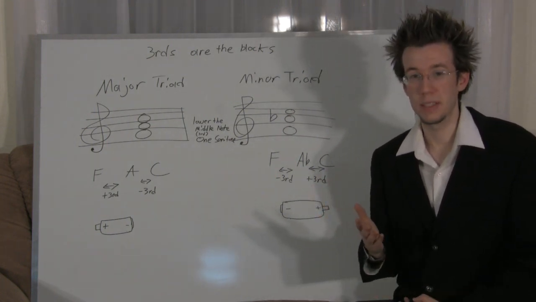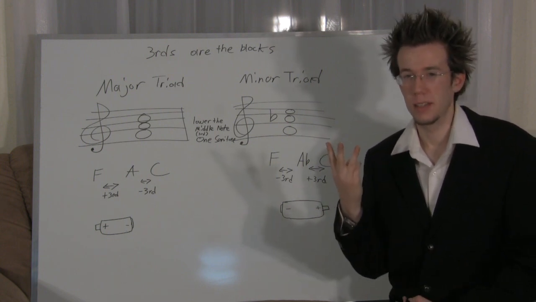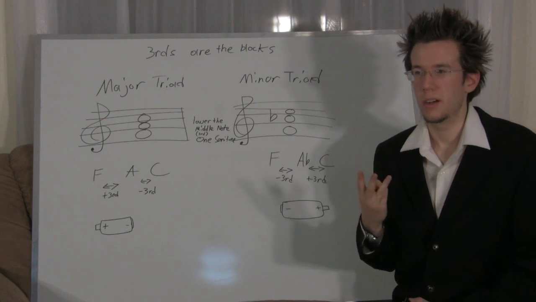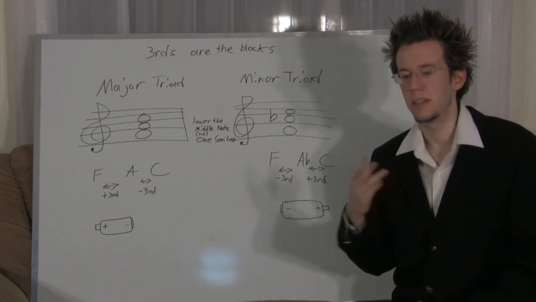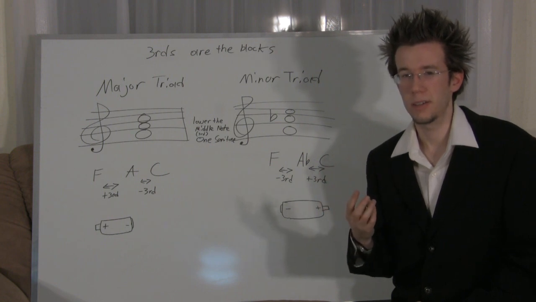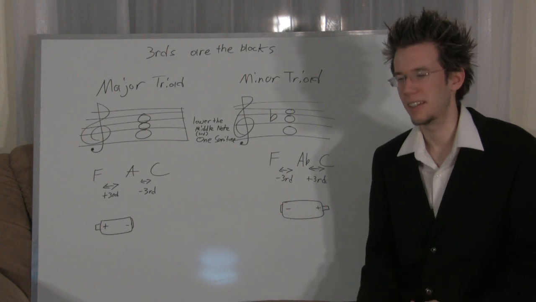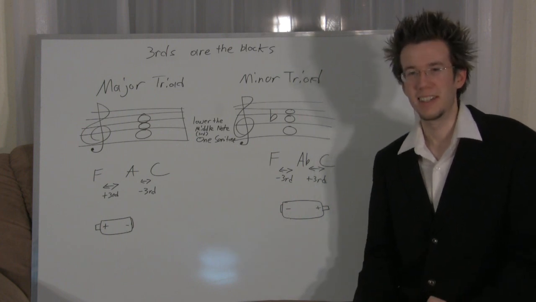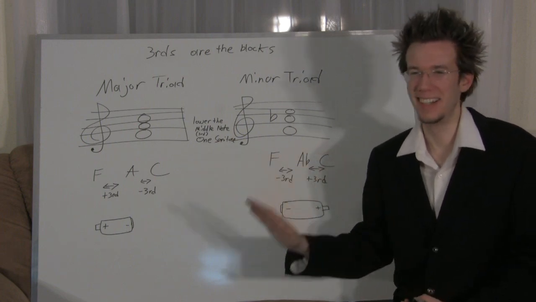So triads are made up of three notes, okay? Just three notes. And those three notes are called the chord tones, okay? When you're learning harmonic analysis later on, it sounds tough, but it's really not. I guess it is sort of an art form, but anyway, we'll get into that later.